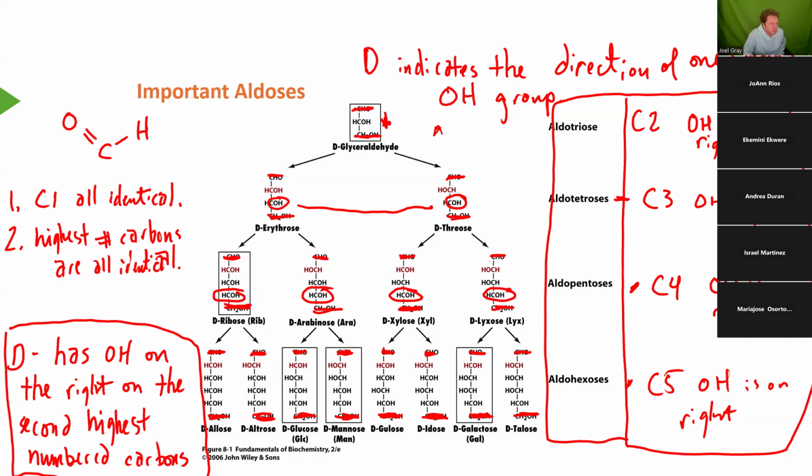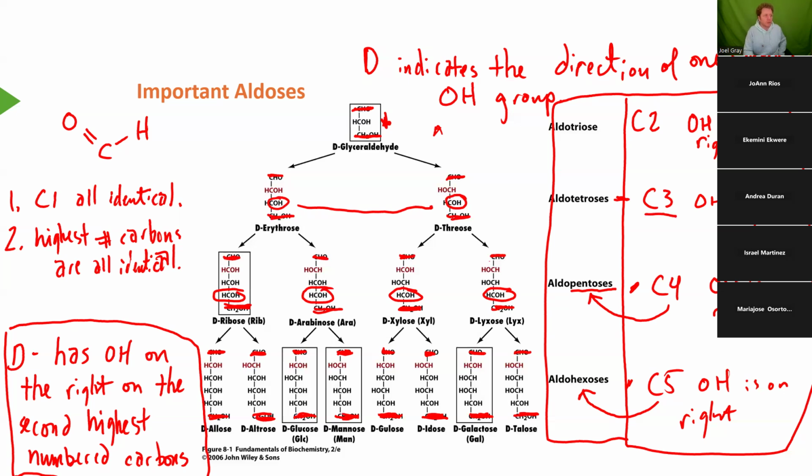And just to provide a little bit more context, okay, our hexoses have 6 carbons. Carbon number 5 has the hydroxide, or the OH on the right. Carbon number 4, well, that's a pentose. Okay, so carbon number 4 on a 5-carbon sugar, carbon 4 is our second highest numbered carbon.